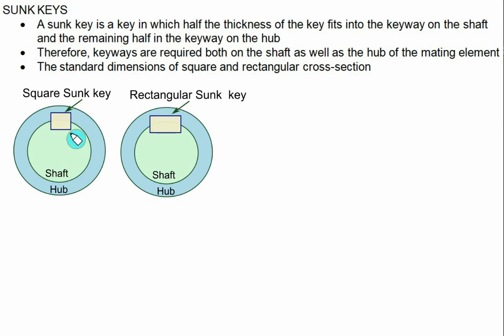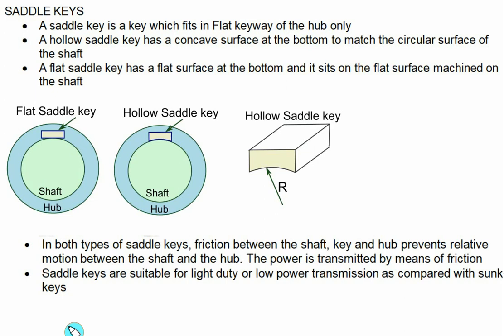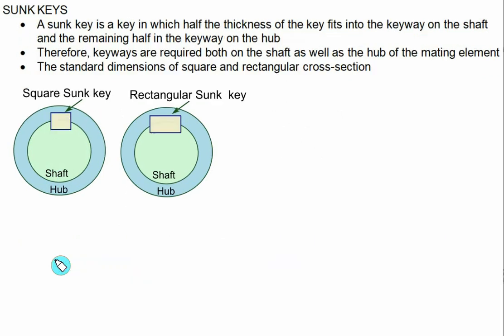Therefore, the keyways are required both on the shaft as well as on the hub, that is of the mating part. In the case of saddle key, the keyway is made only in the hub, not on the shaft. That is the basic difference between the saddle and the sunk key.